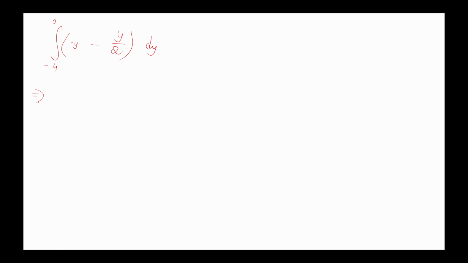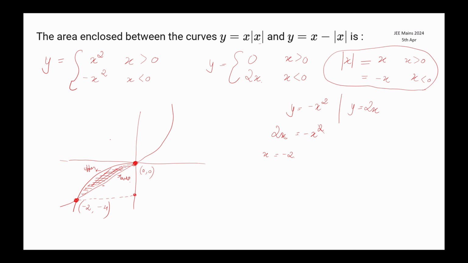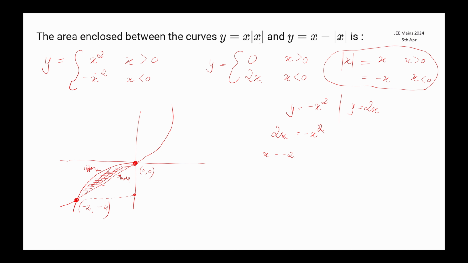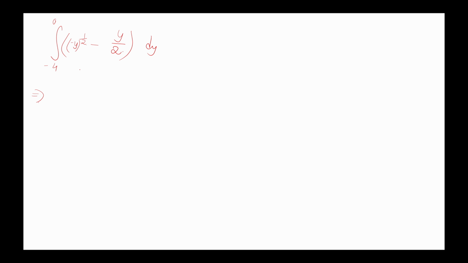Or if I write this in a better way, this would become 1 by 2. Now let us try to solve this entire thing. Let us solve this integration that we've gotten. How can we solve this?